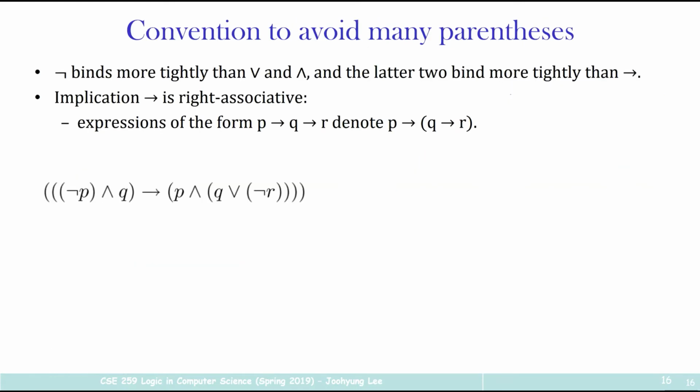All right, now I'm going to release you. You don't have to worry too much about the parentheses, so let's adopt this convention. Negation binds more tightly than disjunction and conjunction, and disjunction and conjunction bind more tightly than implication. And implication is right associative.